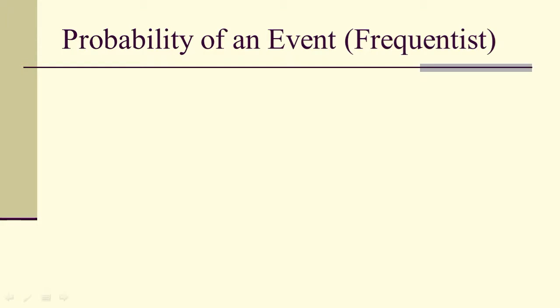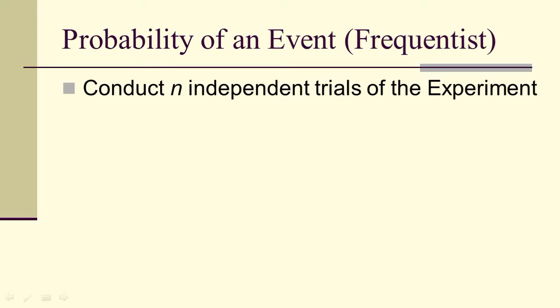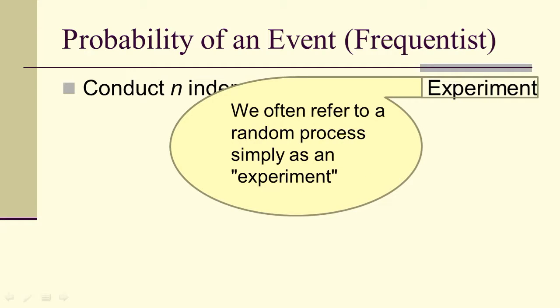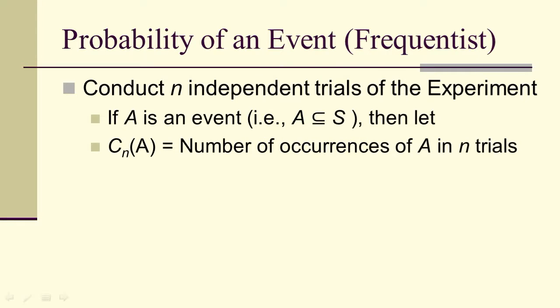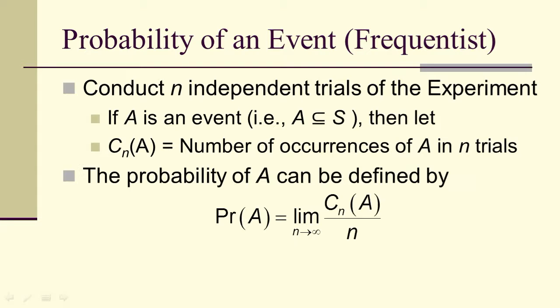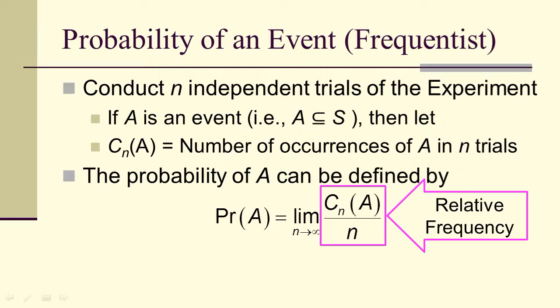So the frequentist idea of the probability of an event is we conduct n independent trials of the experiment, and we often refer to a random process of some kind as an experiment. If A is an event, then we look at the count, C sub n of A, the number of occurrences of A in n trials. The probability is then the limit as n goes to infinity of the count of the number of times A occurs in n trials over n.